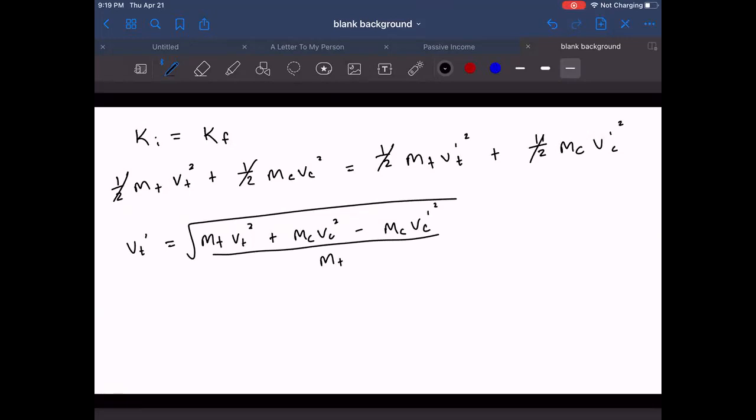All right, so the velocity of the truck is the square root of 2515 times 32 squared plus 1325 times 20 squared minus 1325 times 28.5 squared, all over 2515. Different answer.